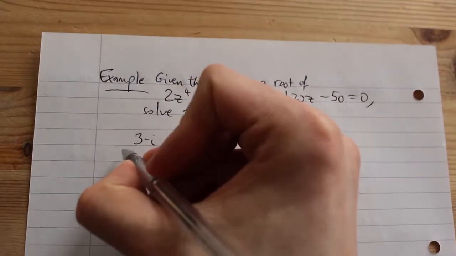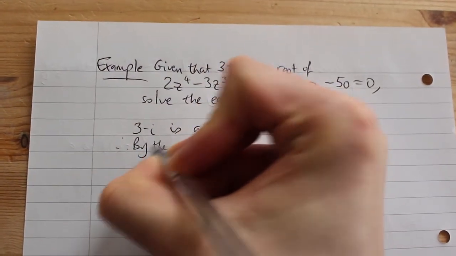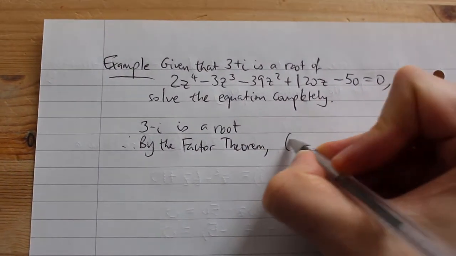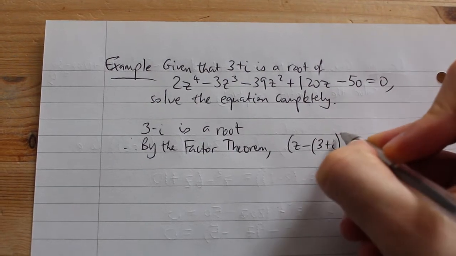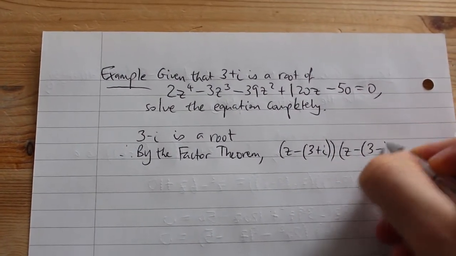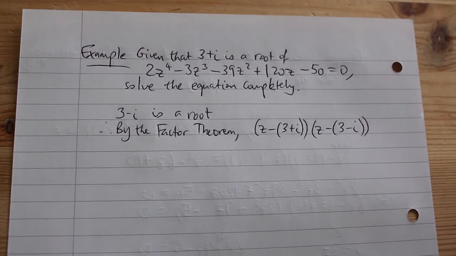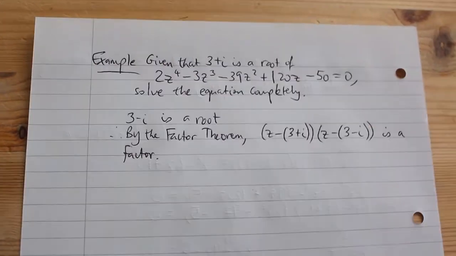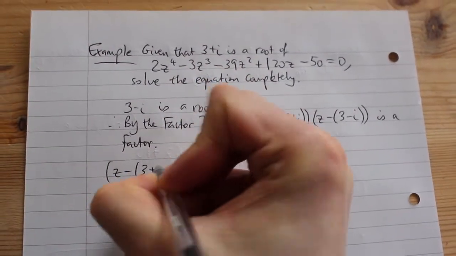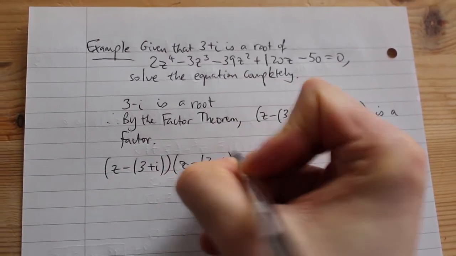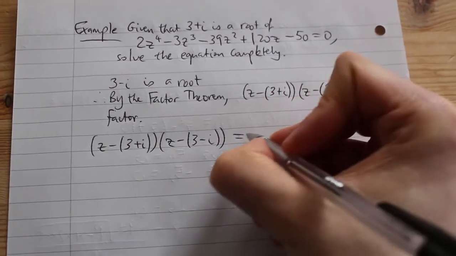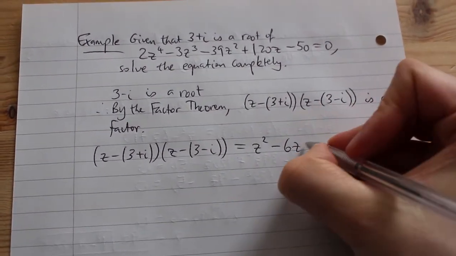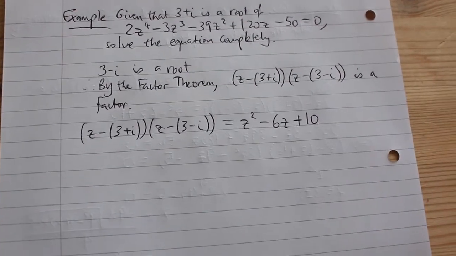So therefore, by the factor theorem, we know that z minus 3 plus i and z minus 3 minus i are both factors of the quartic polynomial. So their product is also a factor. Let's work out this product. z times z is z squared, then we get minus 6z, and 3 plus i times 3 minus i is 10, so we're going to get plus 10.